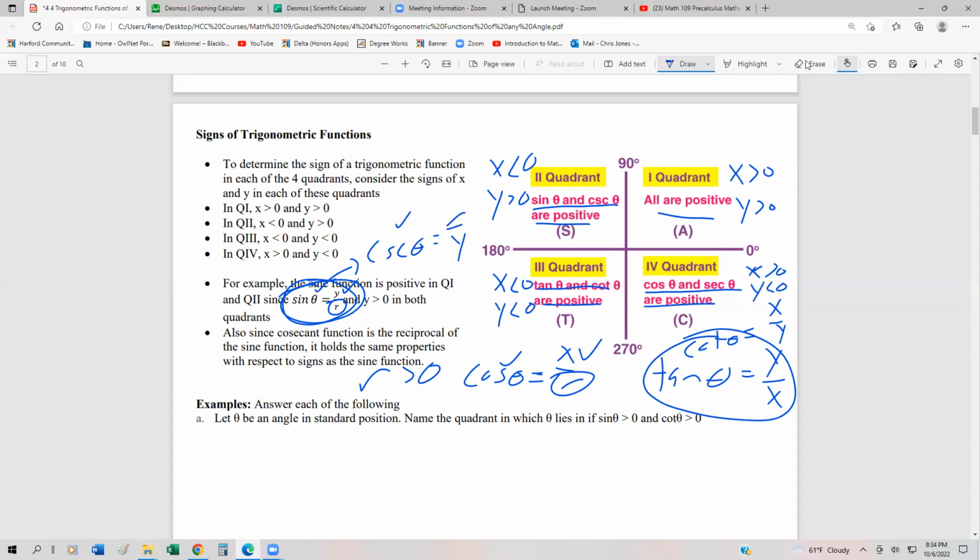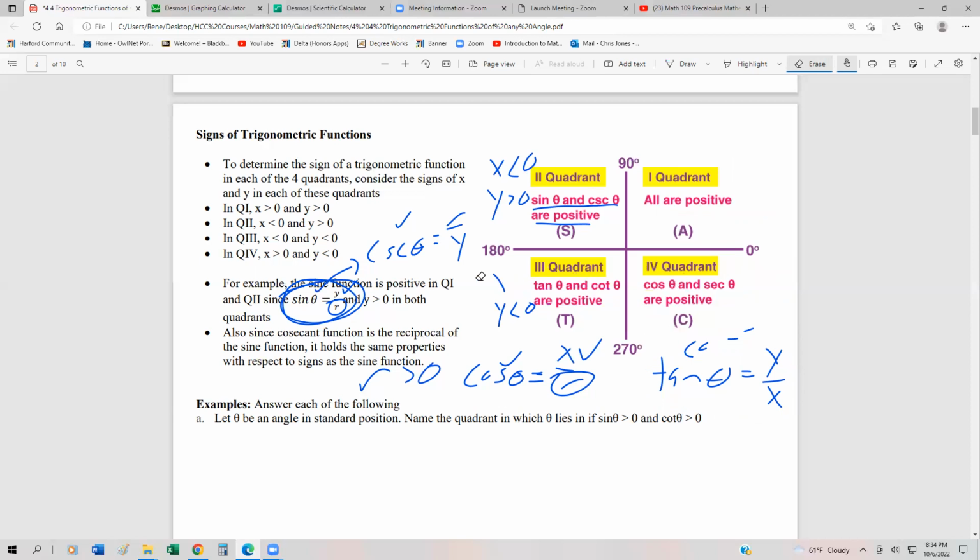All right, so that's how we can remember which of the trig functions are positive in which quadrants. Another way to remember it is an acronym. If you start in quadrant 1 and draw the letter C, just remember: all students take calculus.